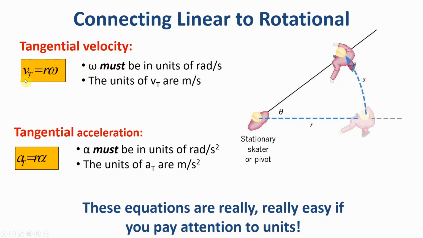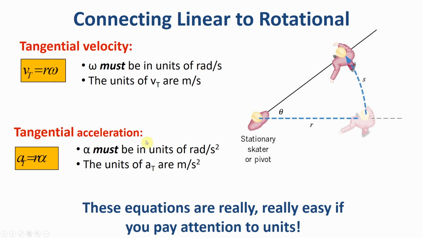Now the units of tangential velocity are meters per second. So look at the units here. Meters per second equals meters per second. The radians don't really count. We kind of treat those like a number. So I don't think of meter radians per second, just meters per second. That's it. Multiply omega by r, and I've got my tangential velocity.